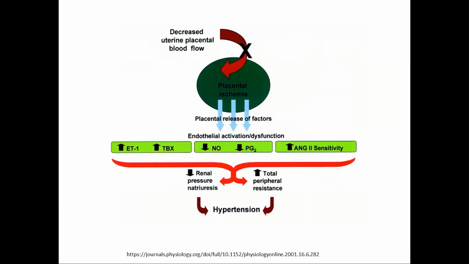So overall there is decreased uteroplacental blood flow, placental release of factors, endothelial activation and dysfunction, as you can see, with decreased renal pressure natriuresis, increased total peripheral resistance, and this will lead to hypertension.